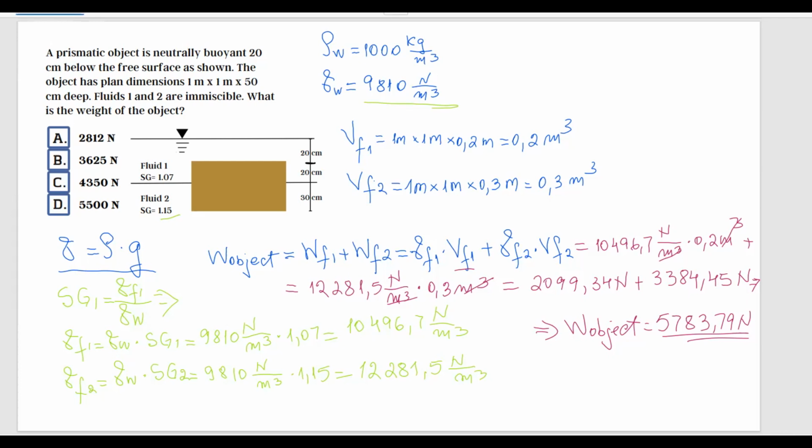Okay, so this is 3384.45, and then if we add to that 2099.34, I'm going to get 5483.79. Okay, so approximately we're closer to option D, 5,500 newtons. And D is our correct option. There you go. And this is how you solve a problem like that.